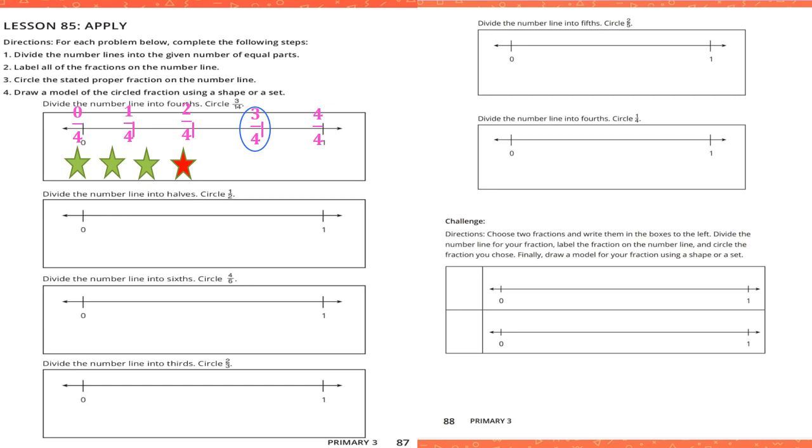By making how many dashes? Yes, 1 dash to make 2 equal parts. Let's label each dash by its fraction: 0 over 2, 1 over 2, 2 over 2. Circle 1 over 2.